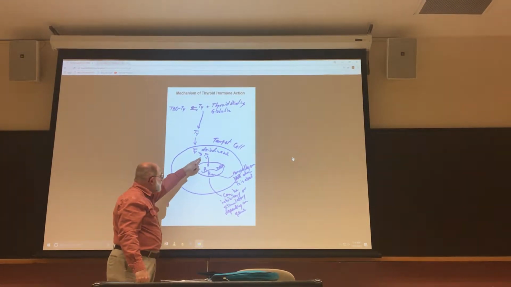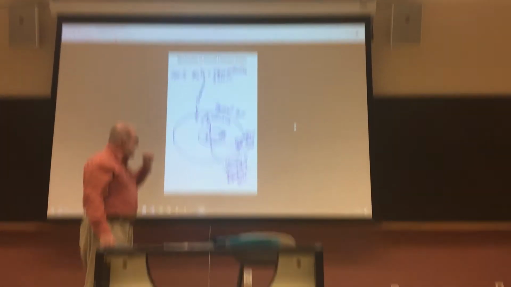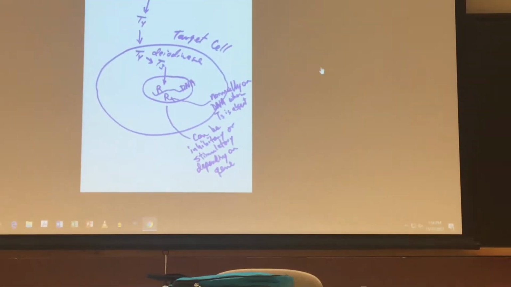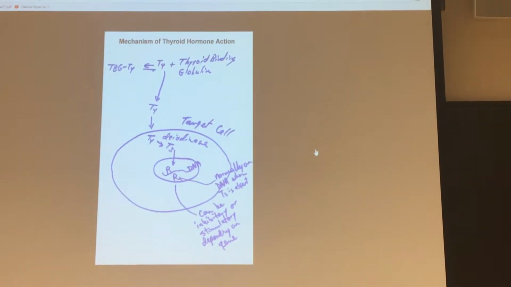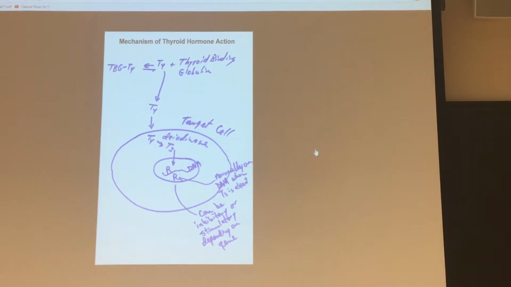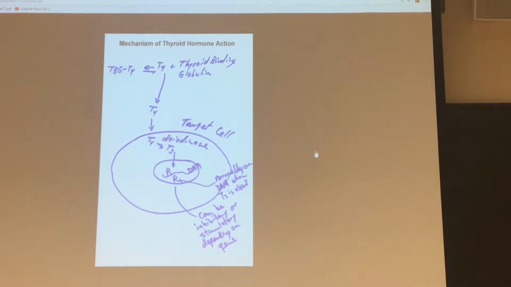The receptor in the case of thyroid hormone also acts using homodimers. Remember, most of the nuclear receptors form dimers in order to bind to the DNA sites and bend or alter the DNA structure so that you get a change in gene readout.